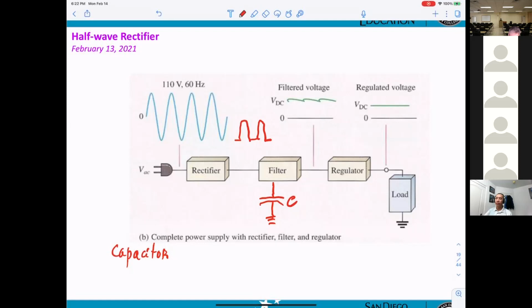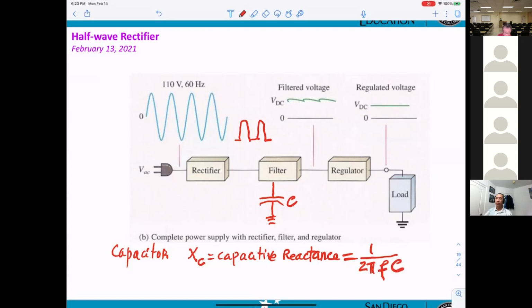In general, a capacitor has what they call XC, capacitive reactance, equal to 1 over 2 pi F C.